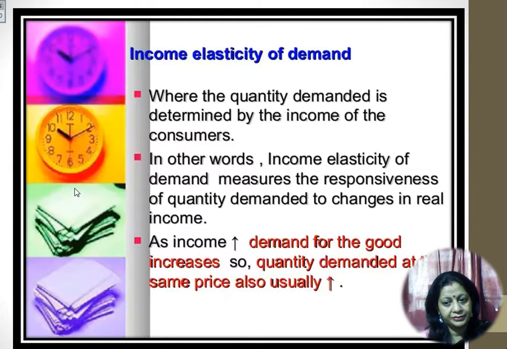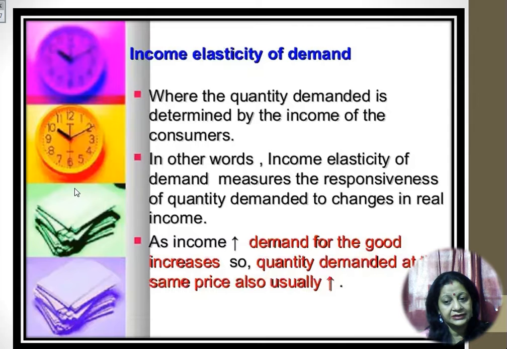For example, if there is a person A and he is earning a salary of rupees 25,000, he has planned to purchase a motorbike. After a period of 2 or 3 years he got an increase in salary to about 50,000. Now he is planning to purchase a four-wheeler.